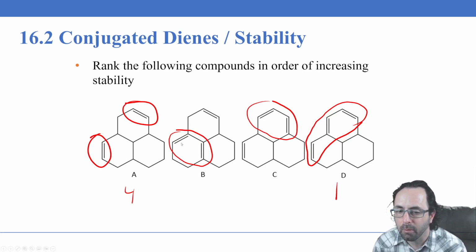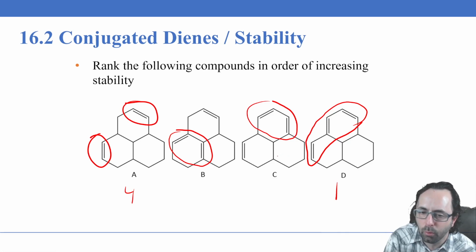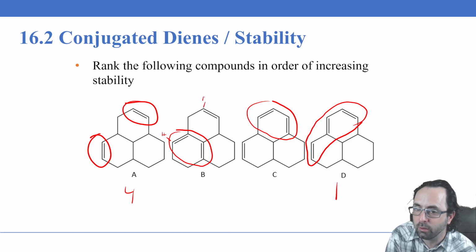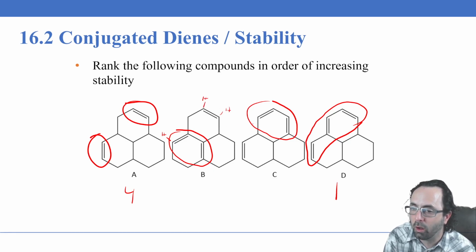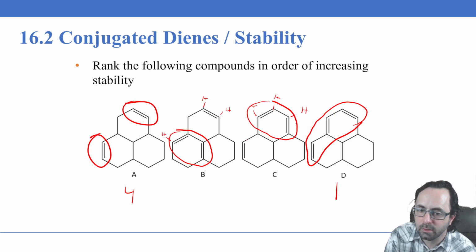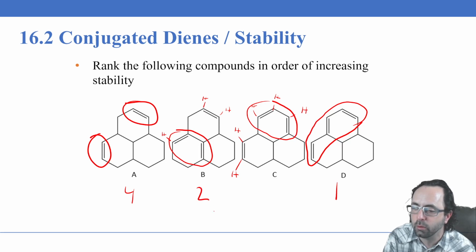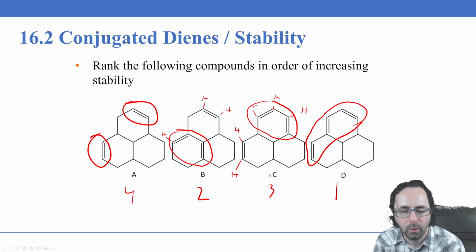As you can see here, with this double bond, it only has this 1 hydrogen, and this double bond has no hydrogens, so it's tetrasubstituted. Whereas here, this one has hydrogen, this one has hydrogen, so overall, 3 hydrogens. Here, we have 1, 2, 3, 4, 5. So these are the more substituted double bonds, and so these are going to be a little bit more stable, so this will be number 2. This one will be number 3.